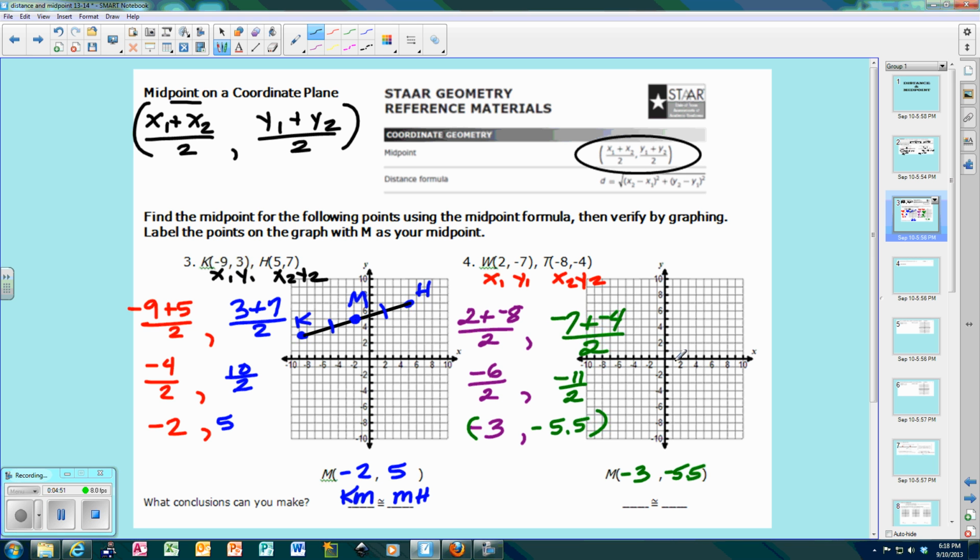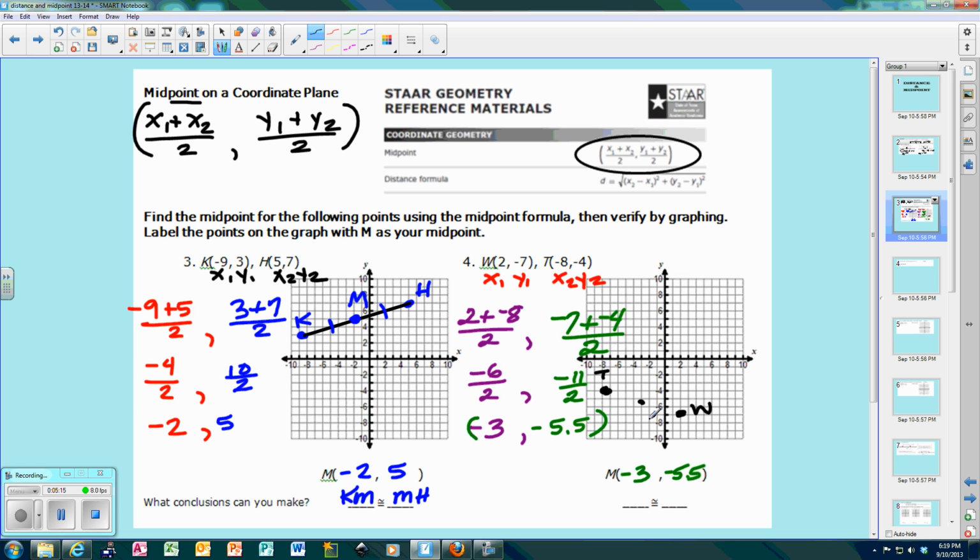So if we plot the points, so 2, -7, so that's about right there. So there's point W. And -8, -4, 1, 2, 3, 4. So there's point T. And then my midpoint is at -3, -5.5.